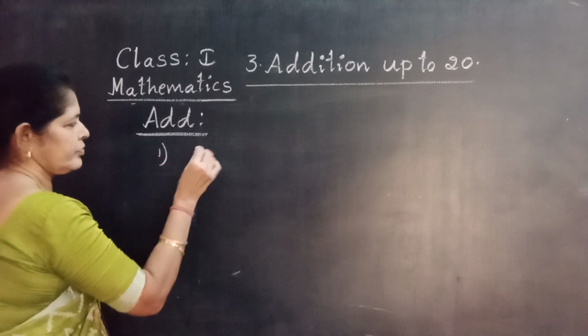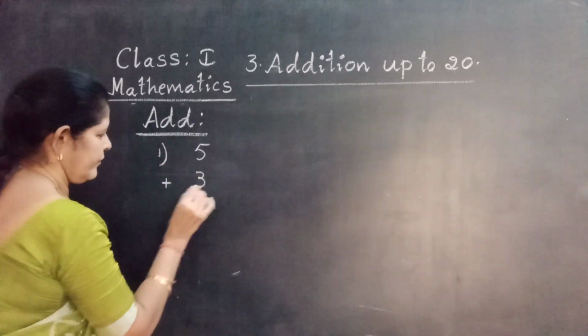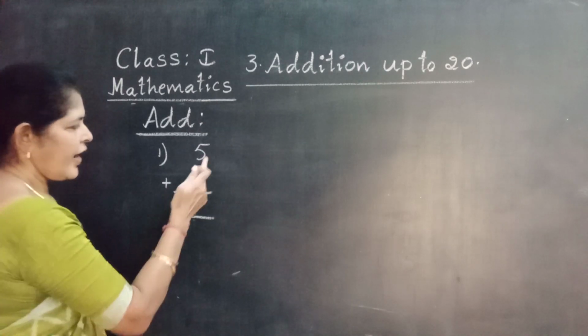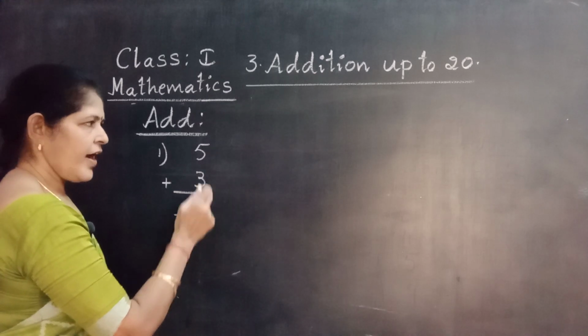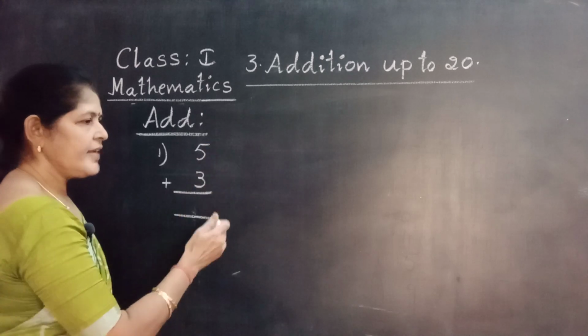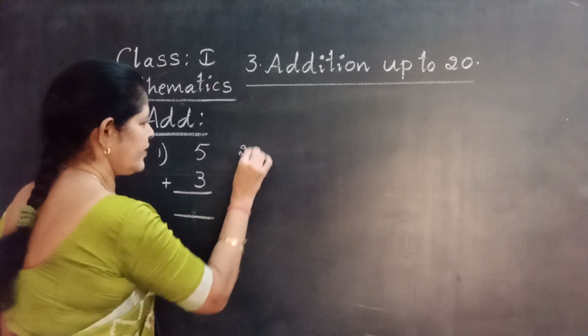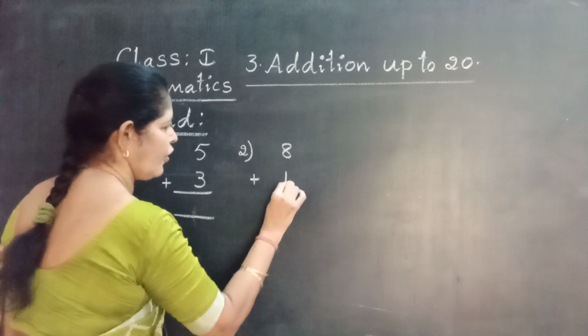First one: 5 plus 3. Write numbers one below the other correctly. Take your mother's help and arrange the numbers correctly. Second one: 8 plus 4.